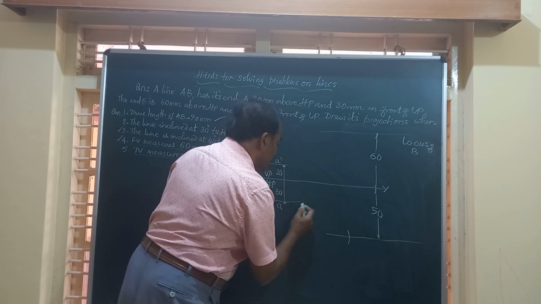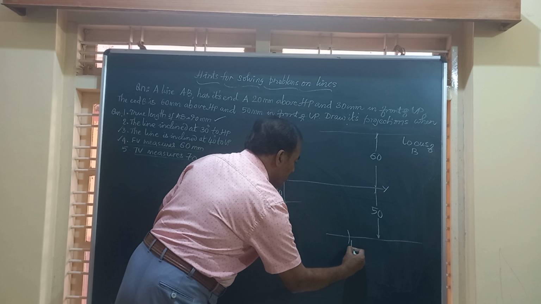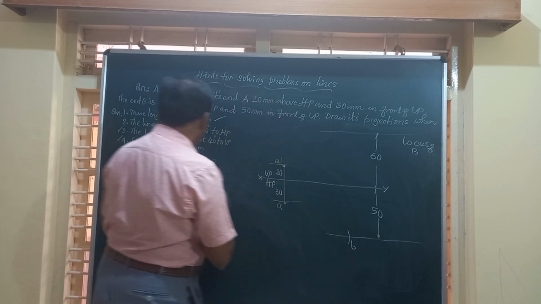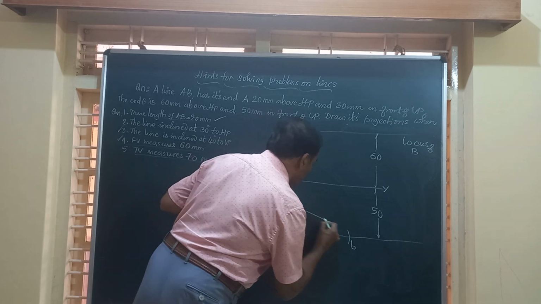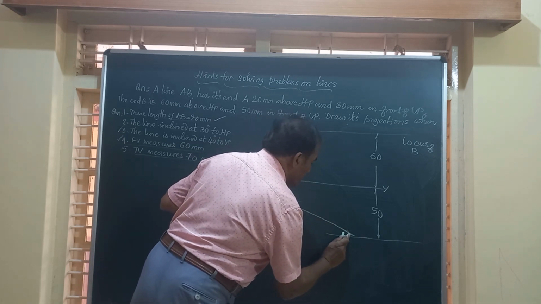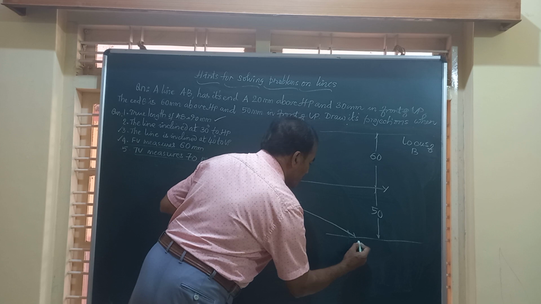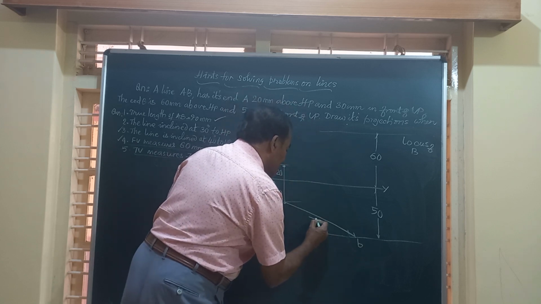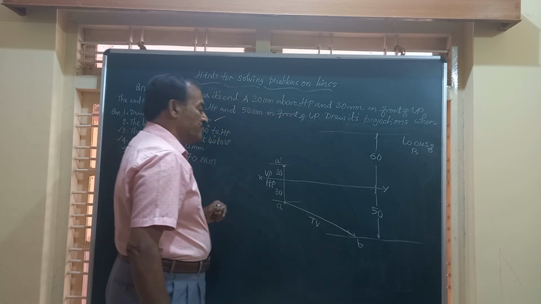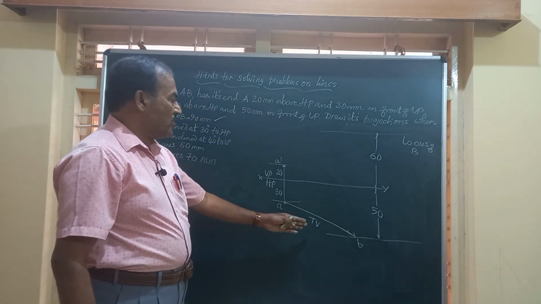If we join, this point is going to be B, the top view. Join that with A. This will give you the point B, and ab represents the top view of the line. We have got the top view.